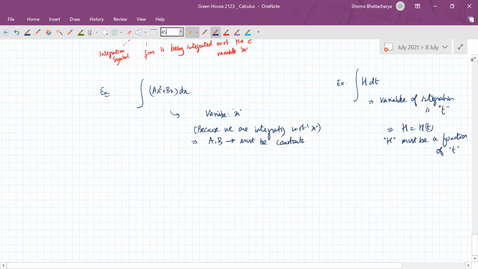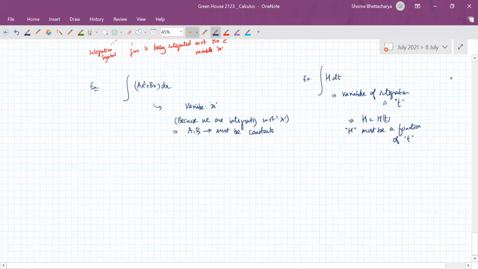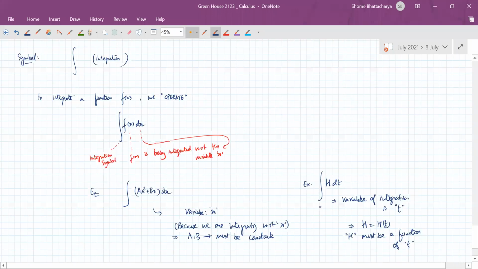Sir, can you explain this part again, H dt, where you wrote? See, we have written the integration symbol, then some quantity, and then dt. Whatever we write the d with, that is the variable of integration. Like when we differentiate, we write d by d something. Suppose we write d by d theta, then whatever we are differentiating should be a function of theta. If we write d by dx, then whatever we are differentiating, let's say f, should be a function of x. Otherwise, it doesn't make sense, right?